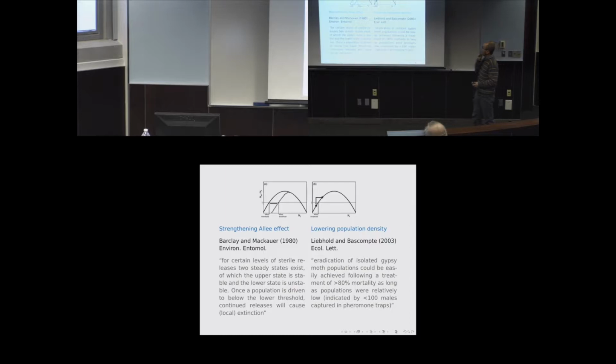The idea behind these two strategies is not new, and the idea behind this more promising strategy goes back at least to the 1980s, at which time Berkeley started to model the consequences of sterile insect release control.